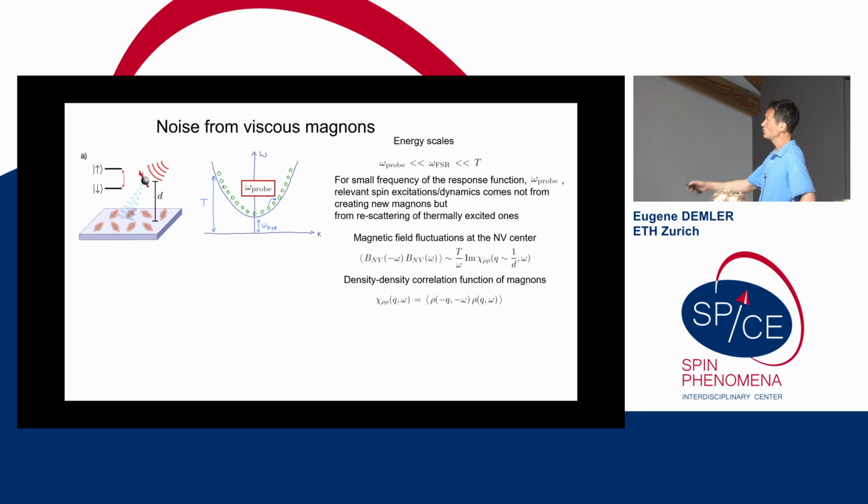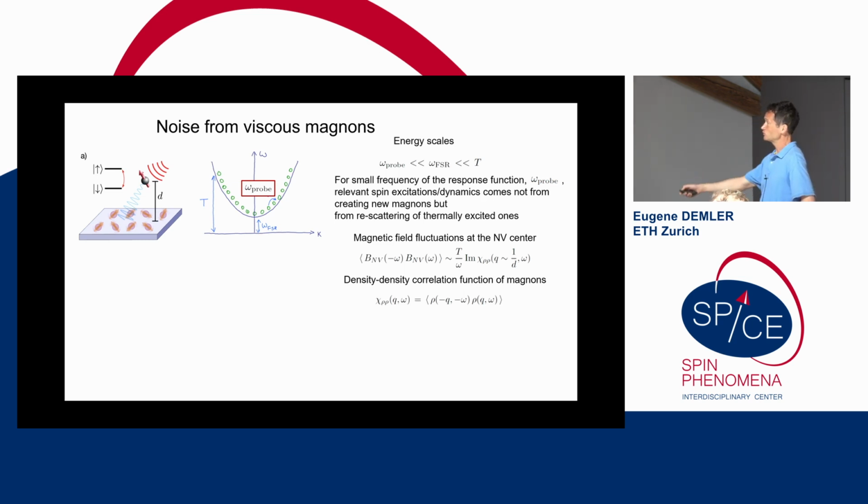What we know about the spectrum of magnetic quasi-particles is that there will be a gap. But under normal conditions, if we take not too low a temperature, the temperature is much higher than the gap in the spectrum. Therefore, we have plenty of thermally excited quasi-particles. We have a fluid of magnons.